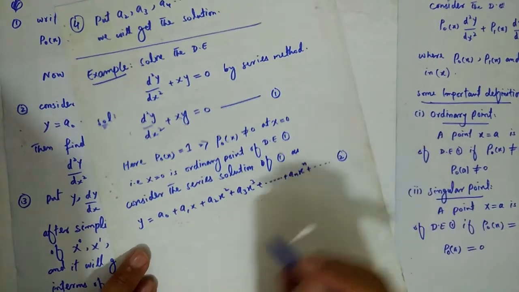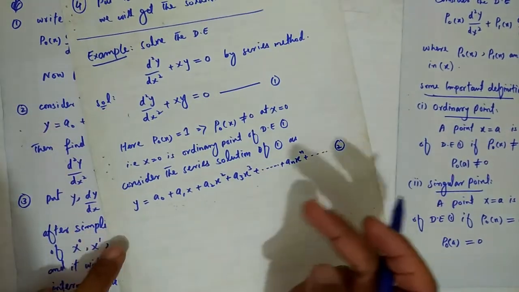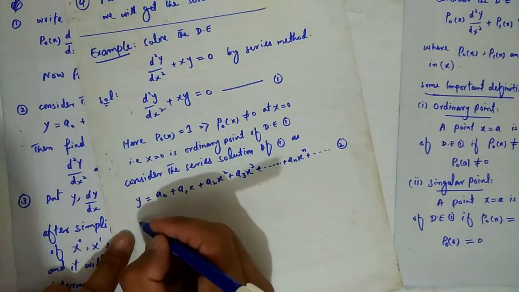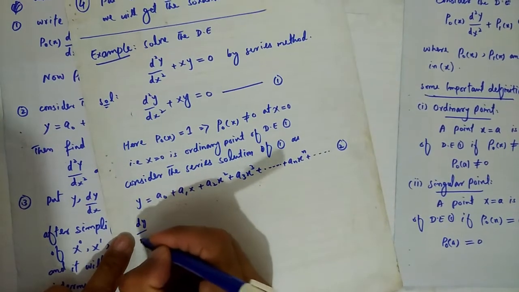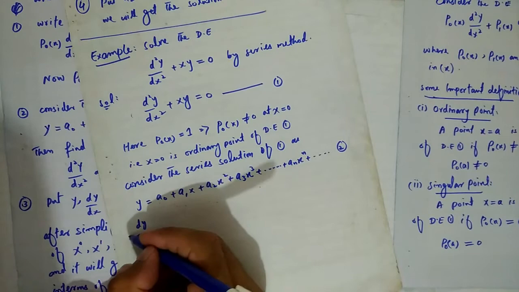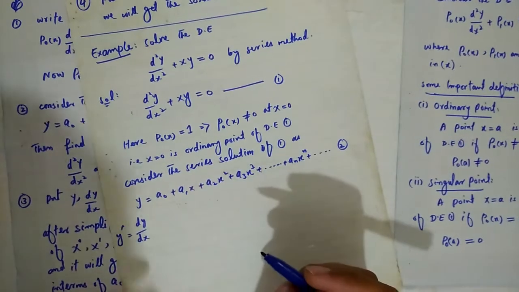This is equation number 2. Now dy upon dx, or I can write it as y prime. Clear?